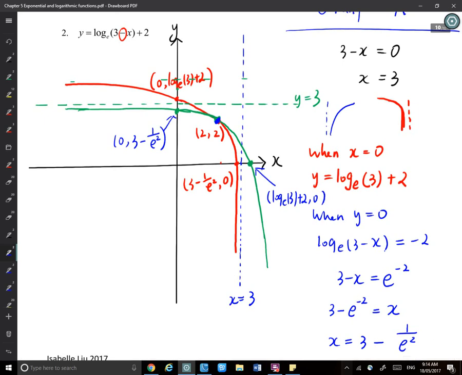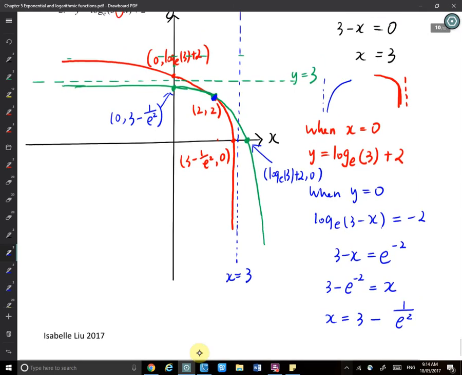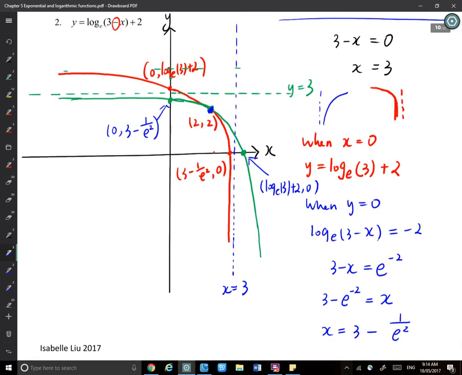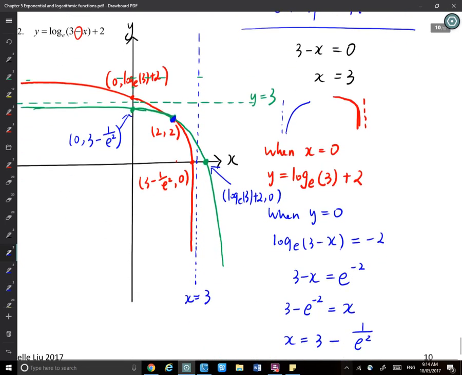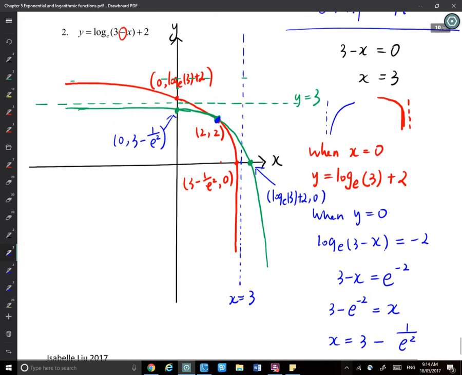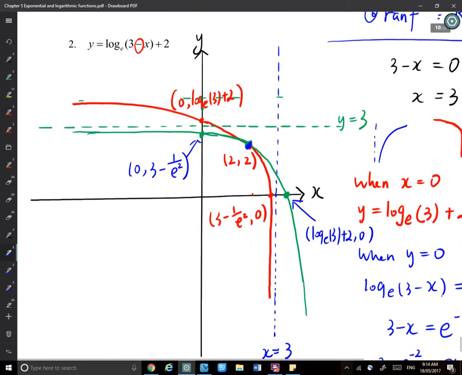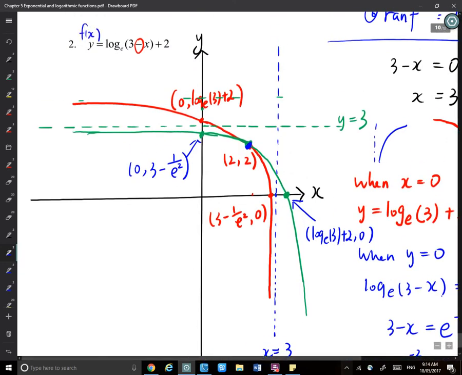You have y equals 3 as the horizontal asymptote. If you say that's f(x), then first, the domain of f, from the red graph, is negative infinity to 3. That's the domain.